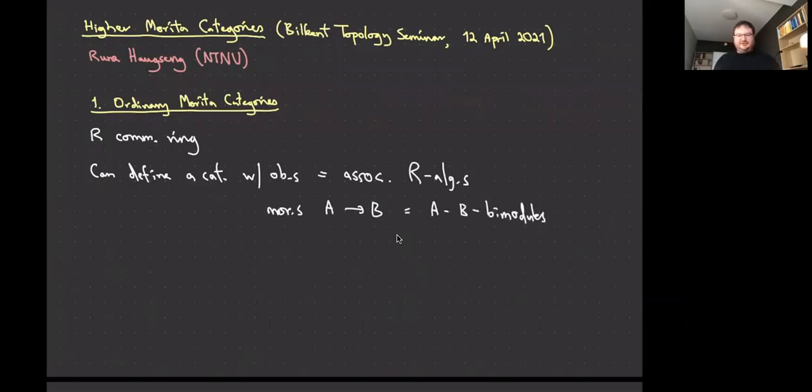And here, if we want to stay within the world of ordinary categories for now, we should take isomorphism classes of bimodules, because we want the composition of bimodules.